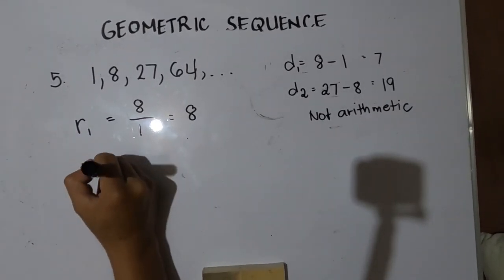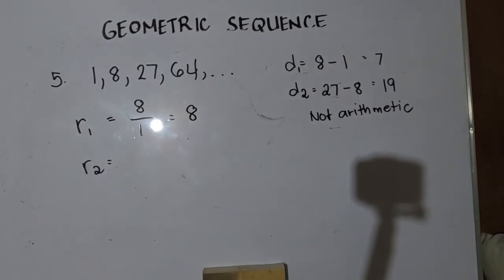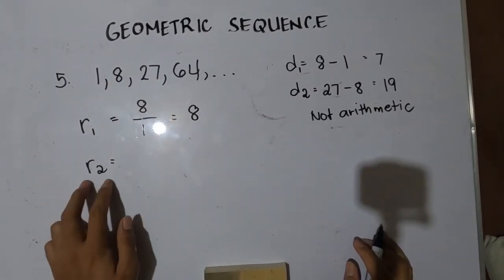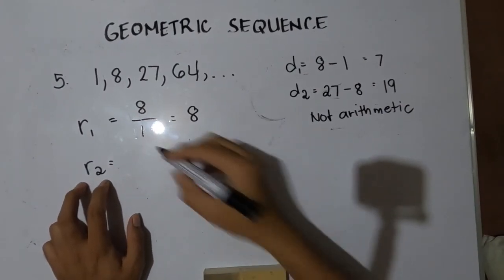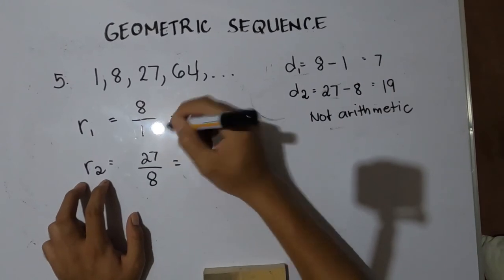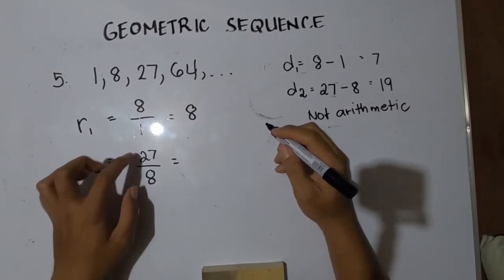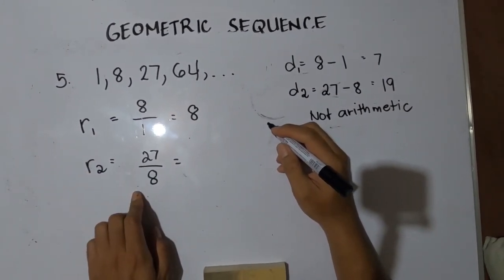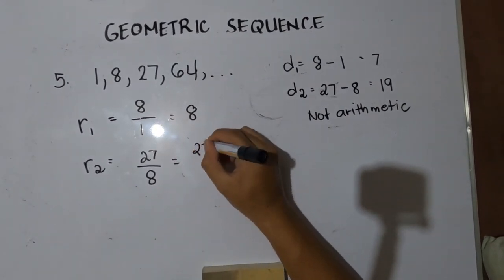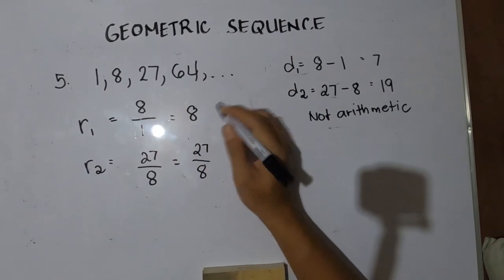Let's try to determine the ratio of the third term and the second term, and let that be r sub 2. 27 divided by 8, since they don't have common factor, the answer is 27 over 8. The ratio is 27 over 8.